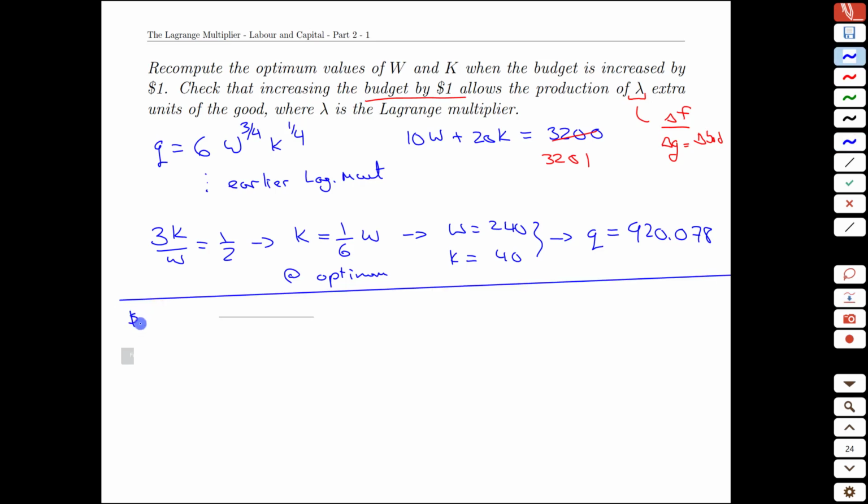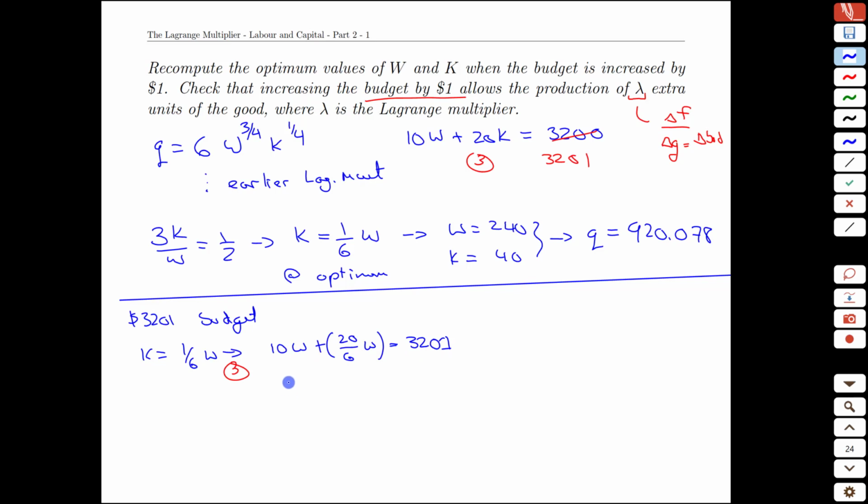Let's take a look at the 3201 budget. If we had that, we can use this constraint here, simplified to K equals 1/6 W, put that into our budget, which we usually called equation 3, and that gives us 10 W's plus 20/6 W's equals 3201 under the new budget.